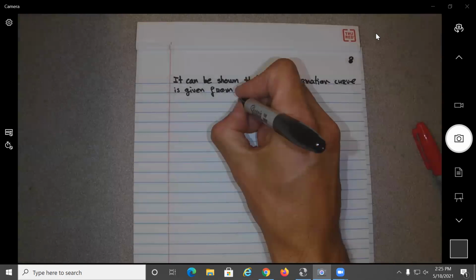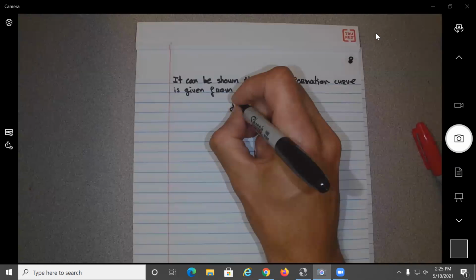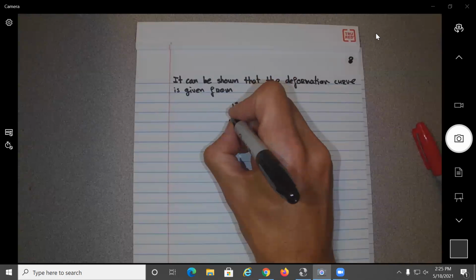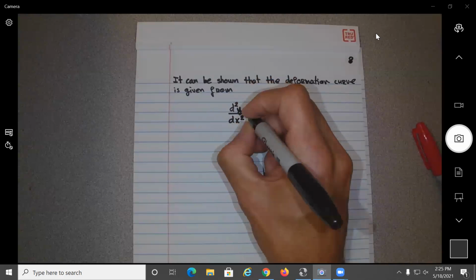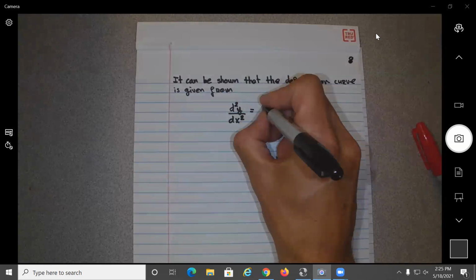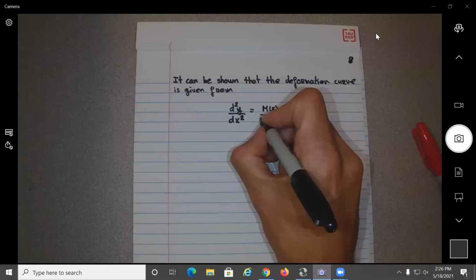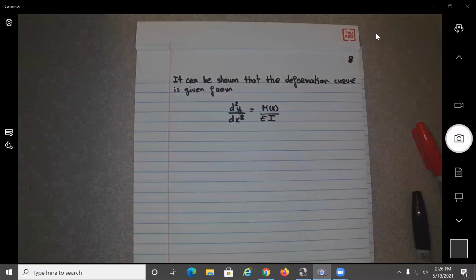But if you want to be able to find the deflection curve, you have the second derivative d²y/dx² equal to M, so this would be a function of x over EI. So what is the deflection curve?